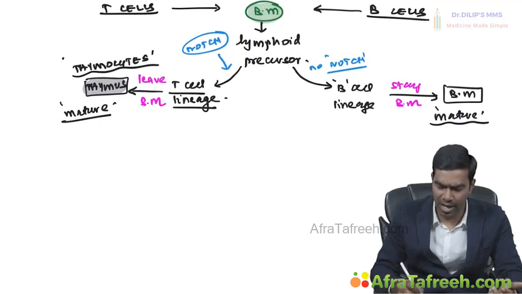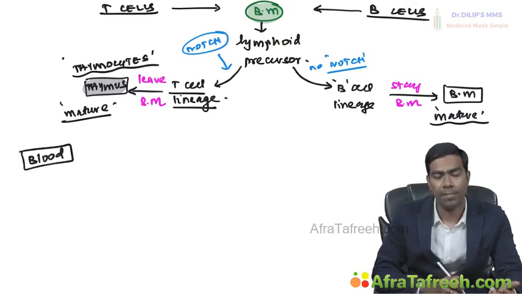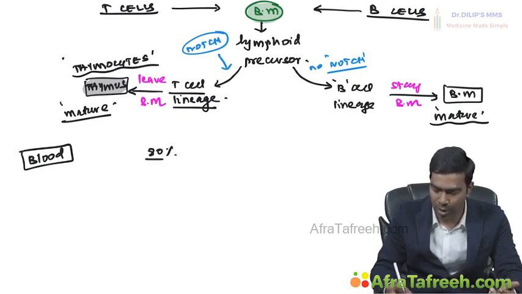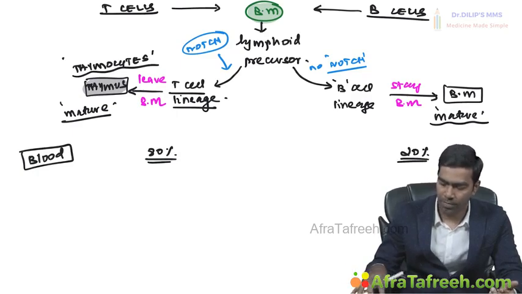Next, where they are distributed and what the proportion of the cells in the blood is. In the blood, the T cells contribute 80%, whereas the B cells contribute only 20%.